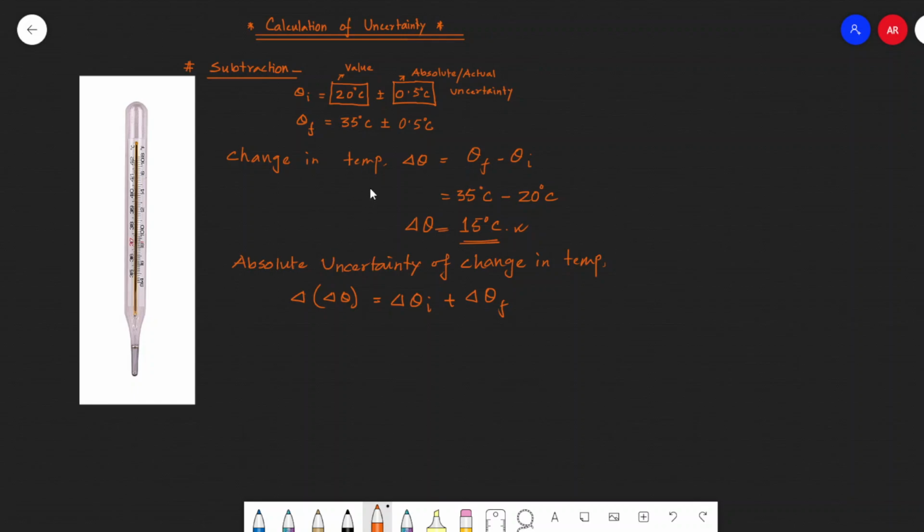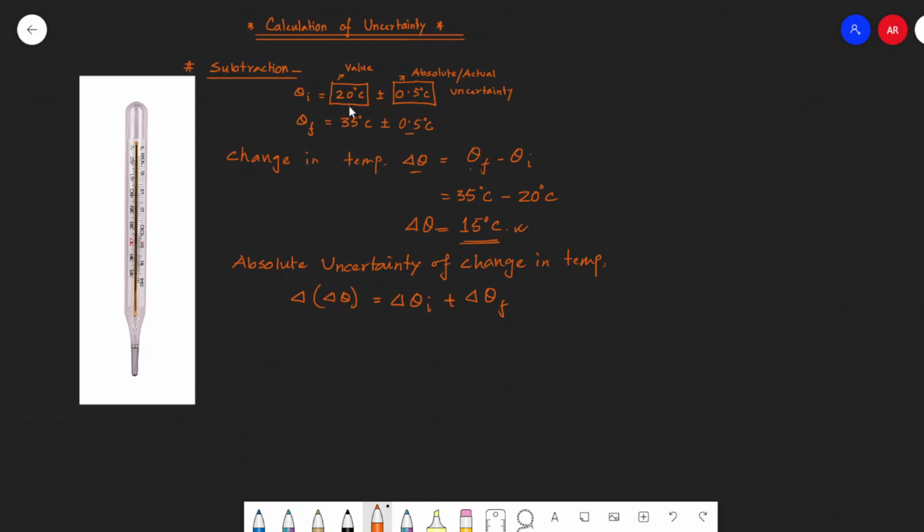But when we are going to find out its absolute uncertainty, the absolute uncertainties of initial and final are going to be added up, because when we calculated this del theta, we used theta f and theta I. Theta f, 35 degrees Celsius, does have some uncertainty of 0.5 degrees Celsius.